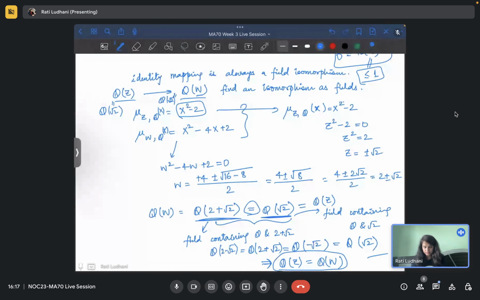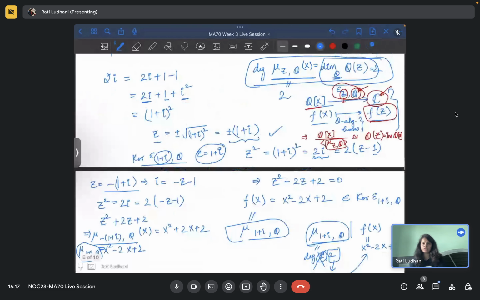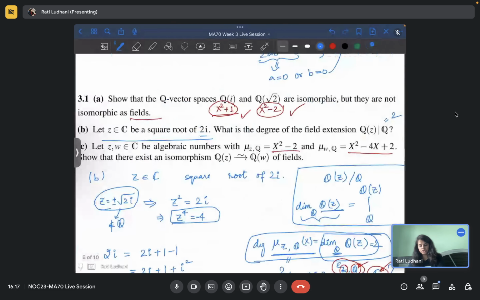In general, for example, you can try to prove that Q(√2) is not the same as Q(∛2). Like this, you can try to prove it even for field isomorphism. Please repeat the question. I said Q(√2) is not isomorphic to Q(∛2).